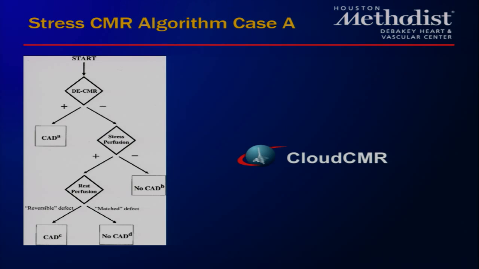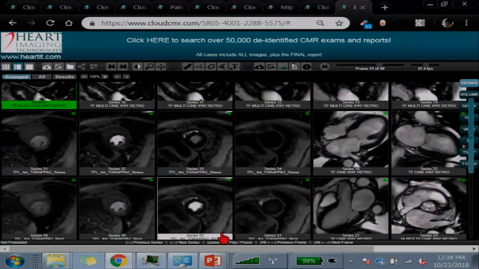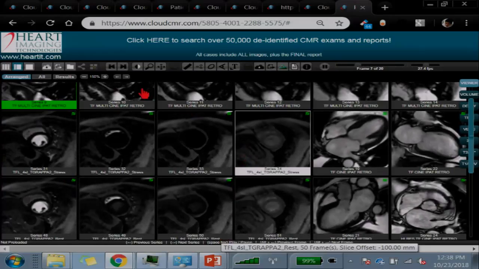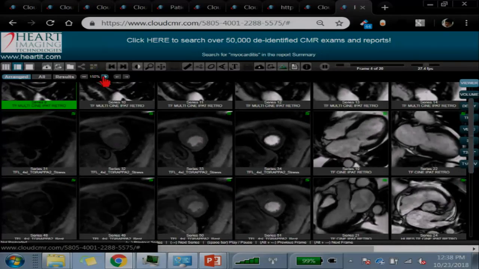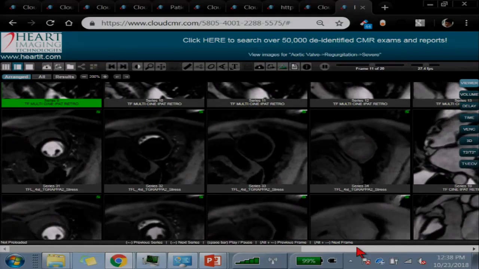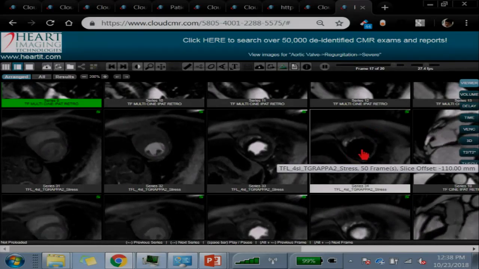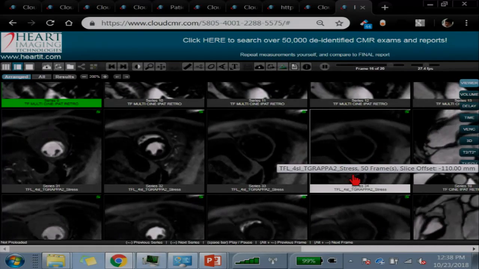Although in this case, I think it's more of a projection issue. Let me double check this. Yeah, it doesn't project well, but there is an apical perfusion abnormality.